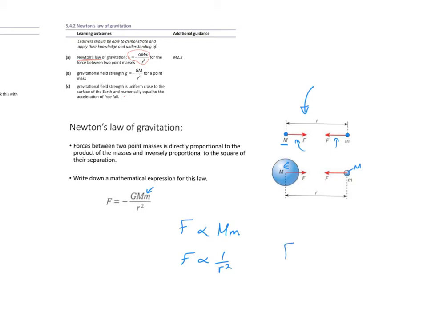So if I combine these two, it's going to be Mm over r squared. And then we can rewrite the equation with a constant. In this case, the constant is the gravitational constant, the capital G.